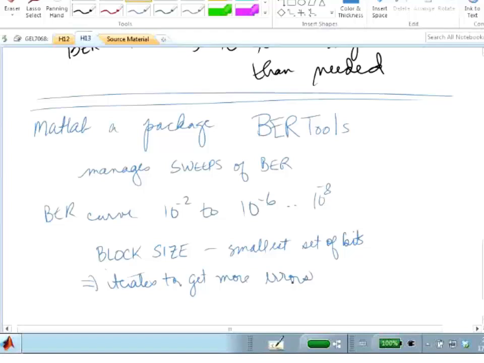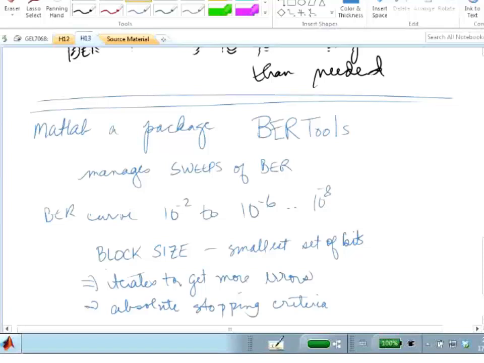There are too many iterations, and it would be more efficient to have a larger block size. All BERTool does is give you an easy forum for making these decisions and changing and managing them. And you can always have an absolute stopping criterion, which means that when this much time goes by, just stop my simulation.